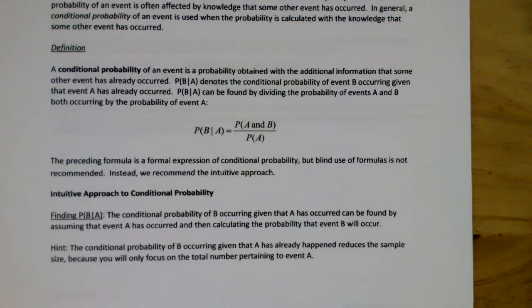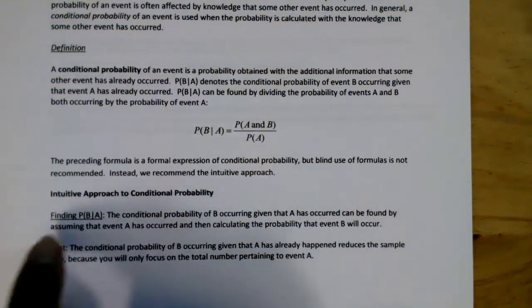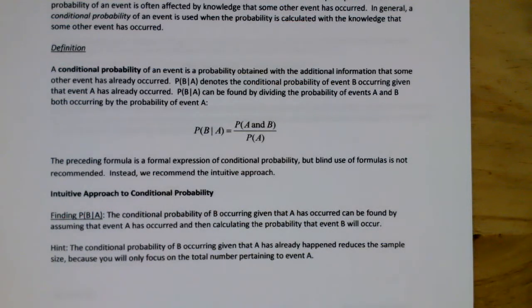Now, blind use of this formula is not recommended. Instead, I'm going to recommend that you use what they call the intuitive approach. The conditional probability of B occurring given that A has occurred can be found by assuming that event A has occurred and then calculating the probability that event B will occur.